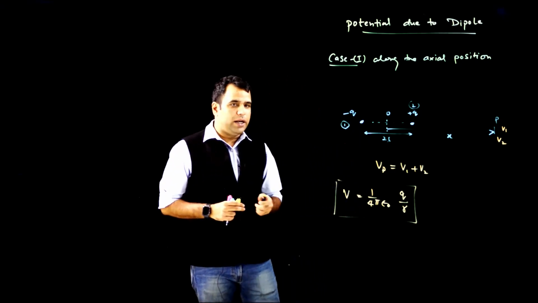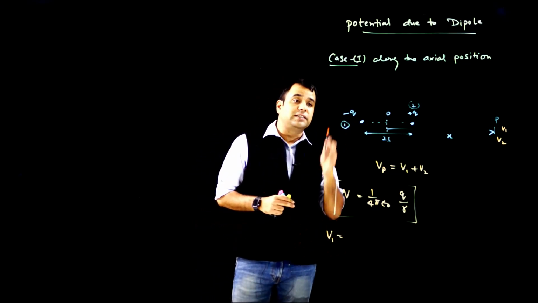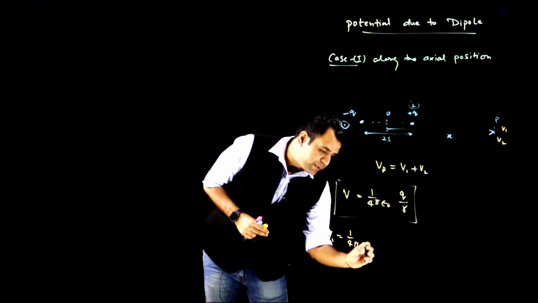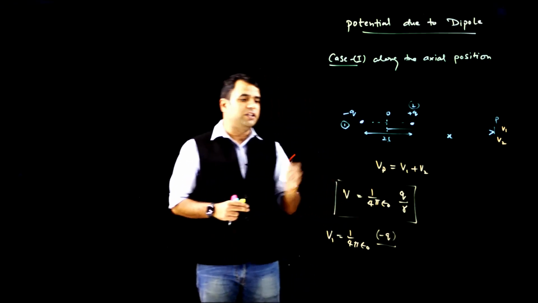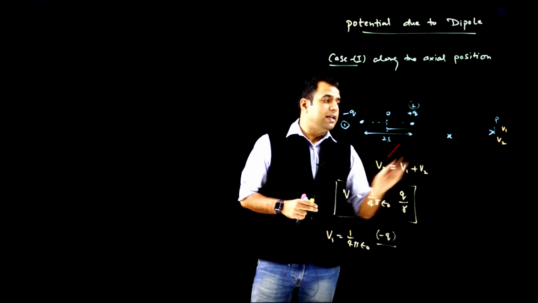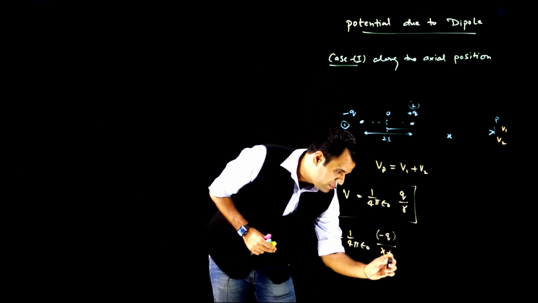So first I'll calculate V1. V1 is the potential due to this first charge, which is the minus q charge. So that will be 1 upon 4 pi epsilon naught times minus q, since in this formula we have to put the sign of the charge as well. Now the distance of this charge with respect to point P is x plus L. So we'll have x plus L.